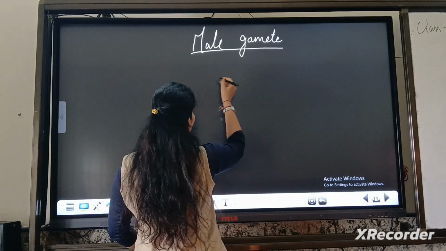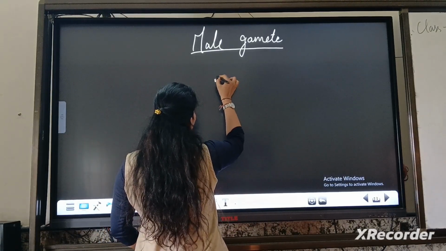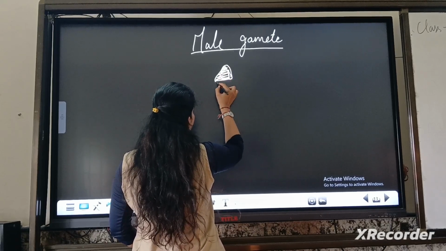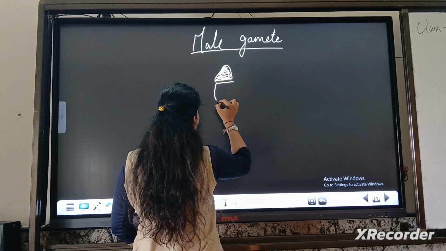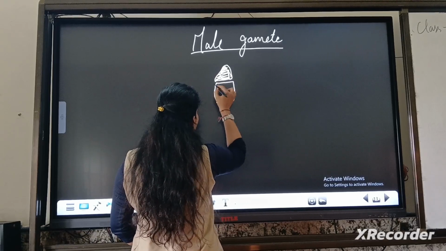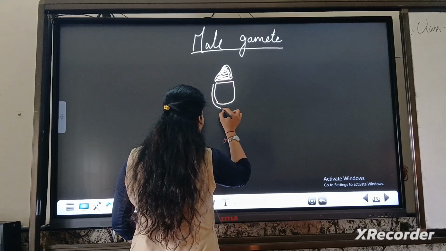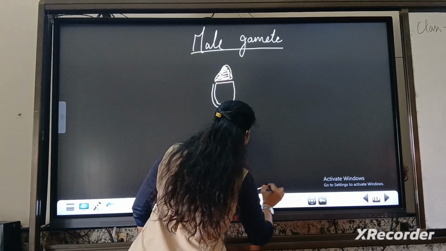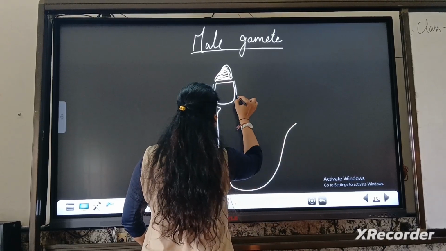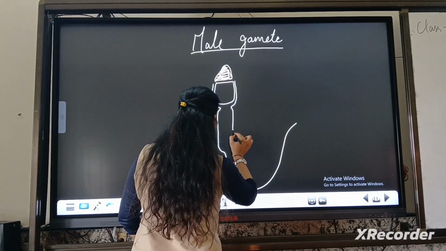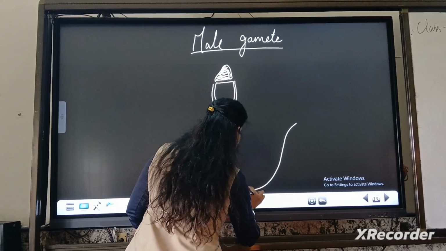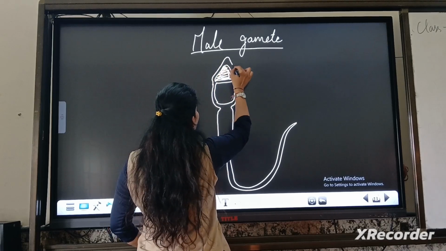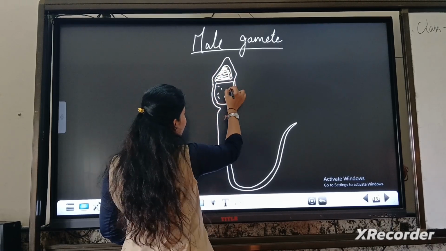Male gamete is actually comprised of three parts. One is your head, the next one is your neck, the middle part, and the lowermost part is called the tail. The head is comprised of genetic material.